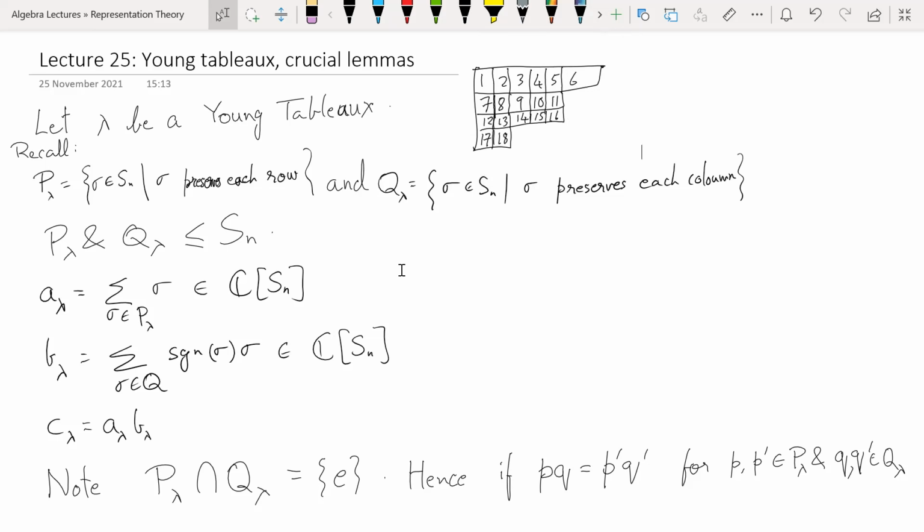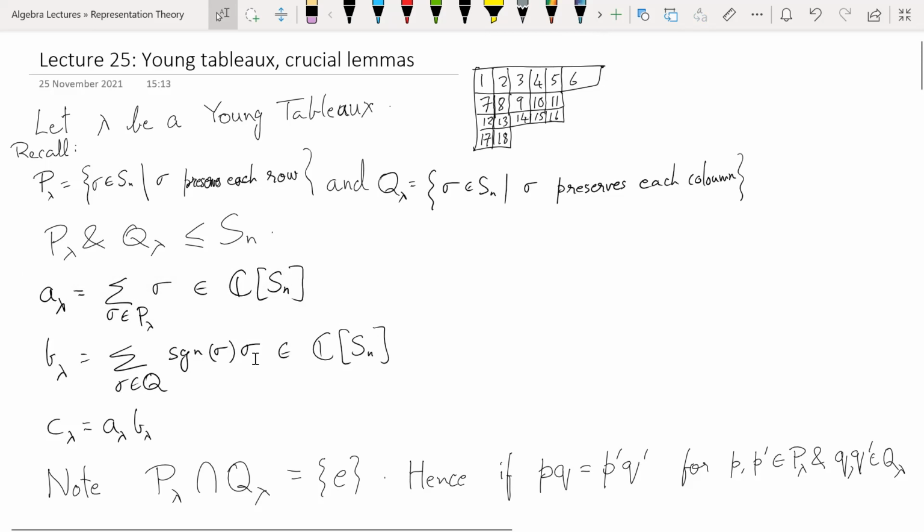Yeah, so P lambda and Q lambda are obviously subgroups, because if two permutations preserve row, then their composition will also preserve row. And similarly for columns. And then we defined A lambda as the sum of elements of P lambda. Yeah, so we think of this A lambda as an element of the group ring C Sn, and B lambda we define to be a sum of elements of Q, but with a sign in front of it, sign of sigma.